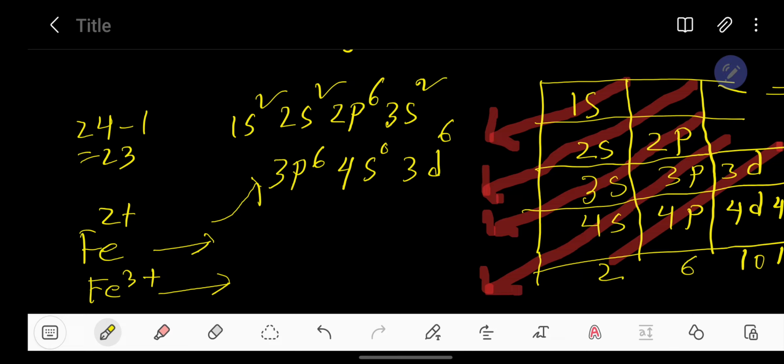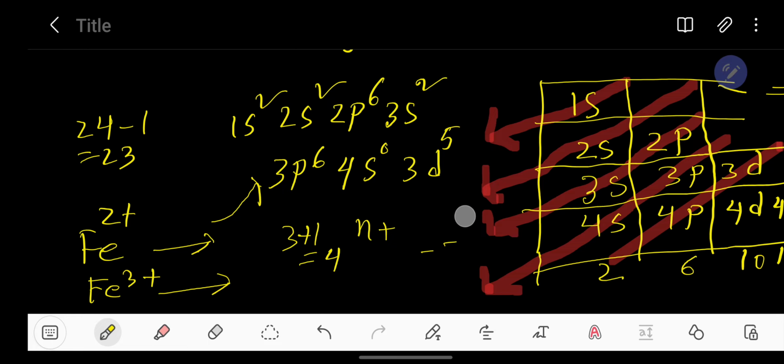For 3d, n plus l value equals, for n we get 3, and for d the l value is 2, so 5, right? And for 3p6 we get n plus l value 3 plus 1, that is 4. So the highest energy subshell is the 3d subshell. So the electron will go from here. You have to deduct 1 electron from here.